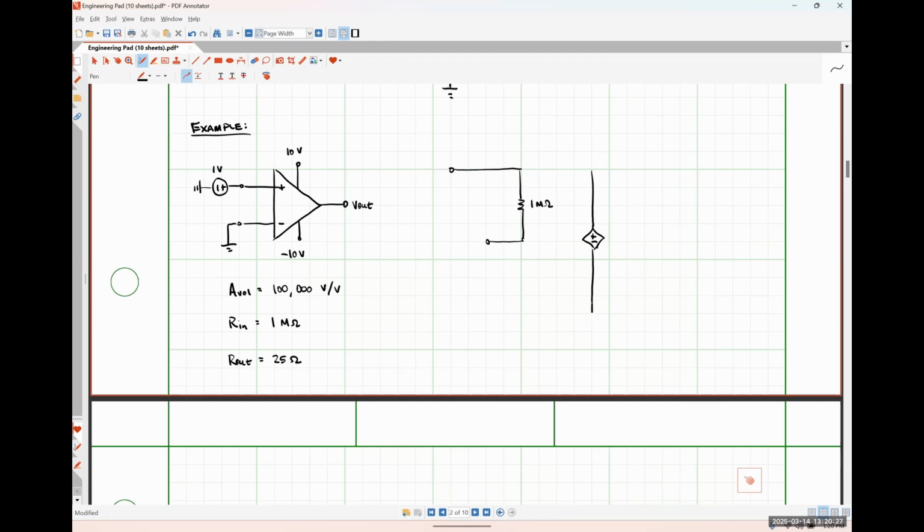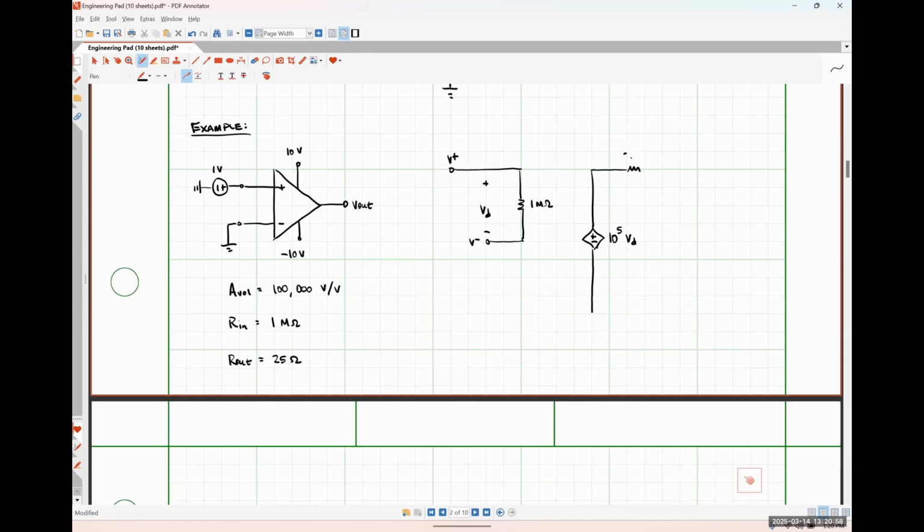Here is my dependent voltage source. So 100,000, I'm not going to write it like that. I think that's the same thing as 10 to the 5, so that'll be a little more succinct. I'm going to put 10 to the 5 times VD, where this will be VD, which makes this my non-inverting input terminal, and this one over here is my inverting input terminal.